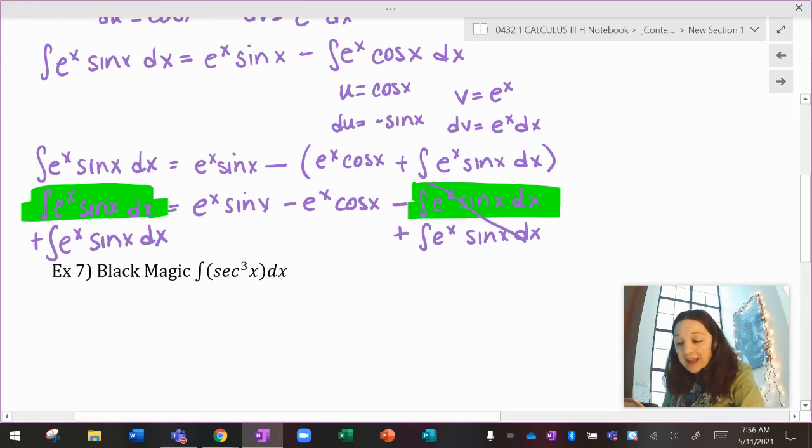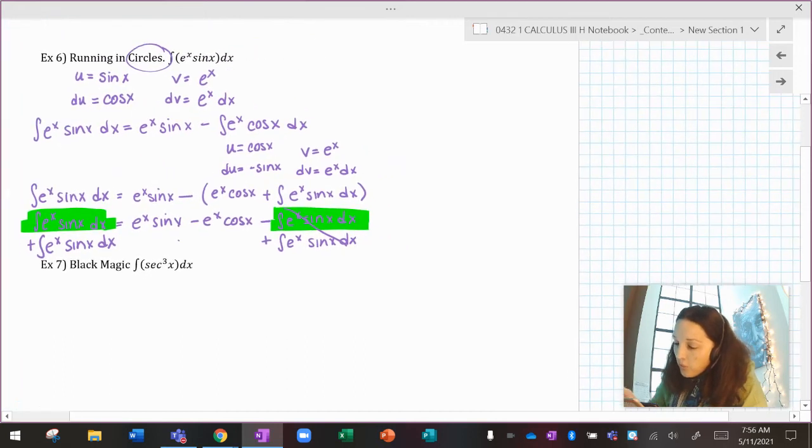So now what's going to happen is I have on the left-hand side 2 times the integral of e to the x sine x dx. And on the right-hand side, I have e to the x sine x. I'm running out of room, so let me move this. So on the left, I have 2 times the integral of e to the x sine x dx.